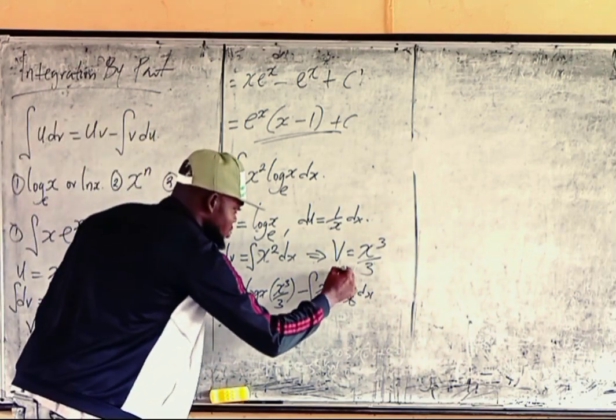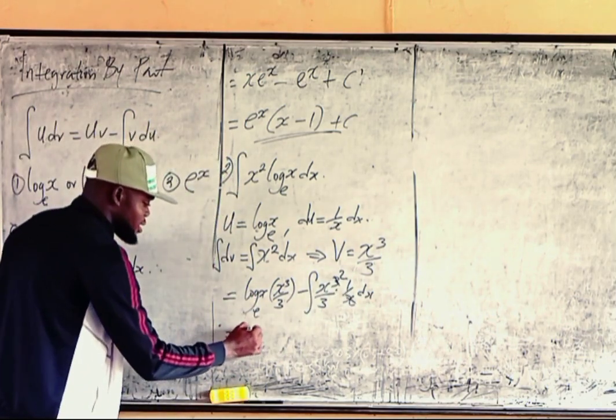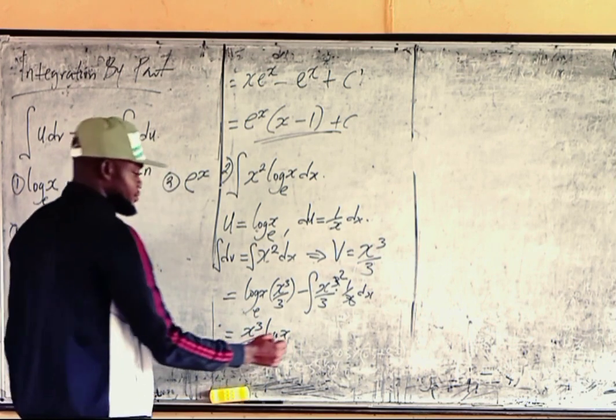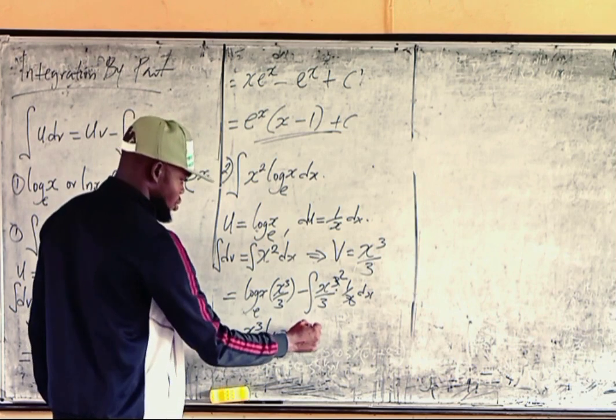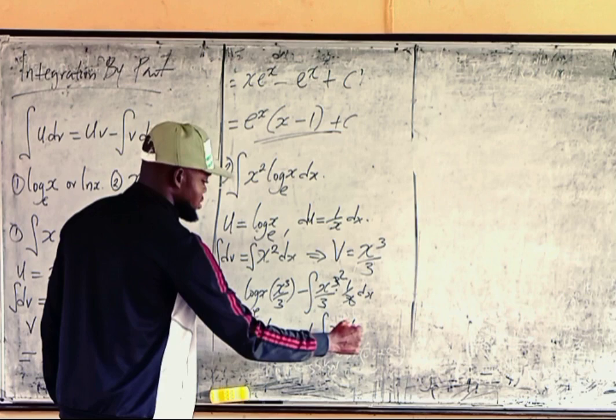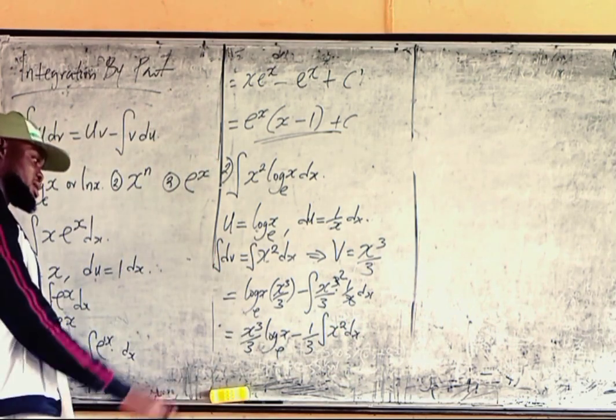So I cancel this one, that will be 2. So we have s cubed over 3 log x to base e, minus 1 over 3 will come out, times s squared dx. You see we have just one term there to integrate.